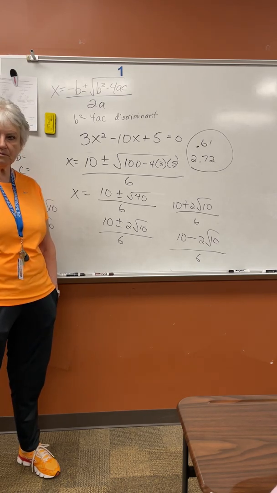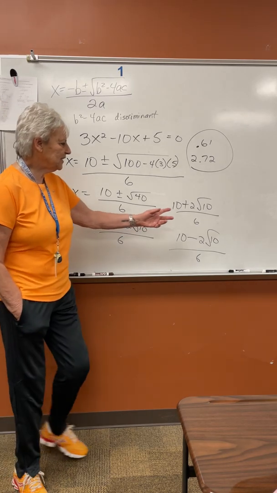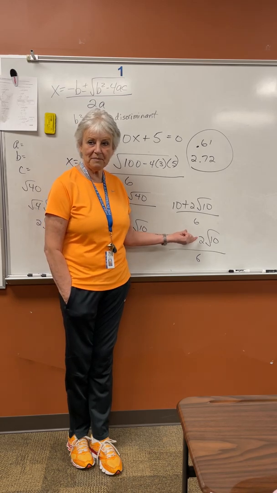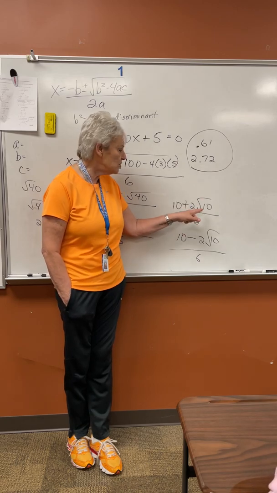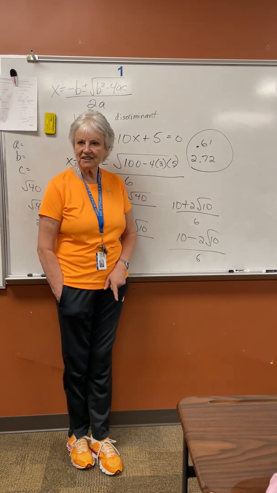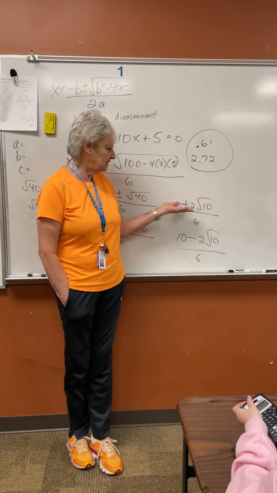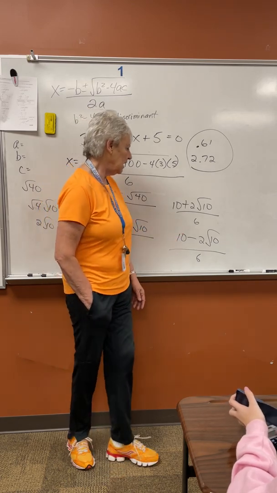Everybody can get those two numbers? You have to hit equal before you divide by 6. Otherwise, your calculator is taking the square root of 10 divided by 6. It doesn't know that you have to divide everything by 6 unless you let it know.